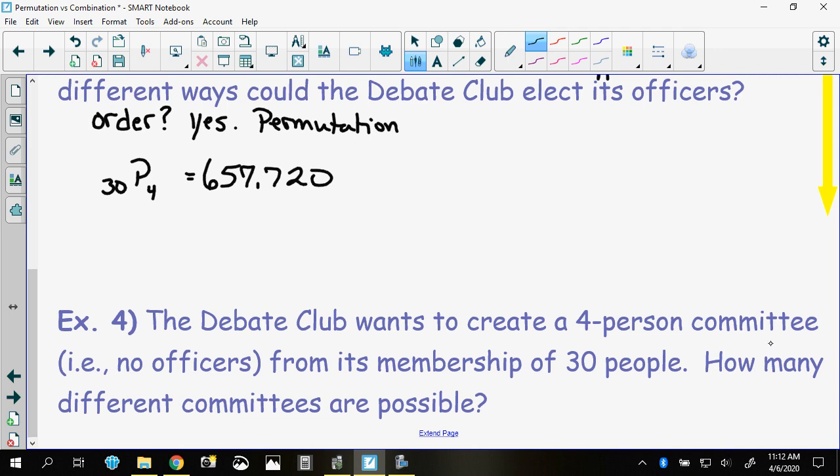Okay, what if we want to just select a committee? So again, N is 30, R is 4, and how many committees? So committee means no order. So we're looking at a combination.